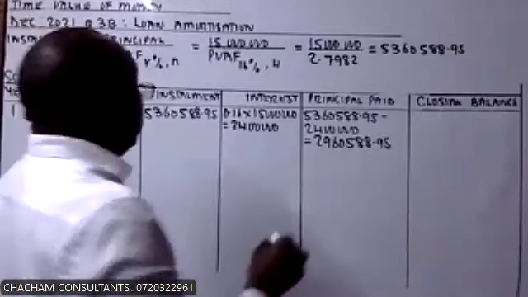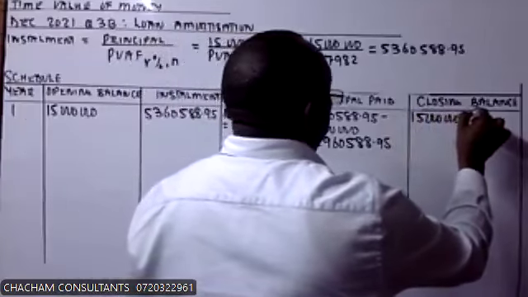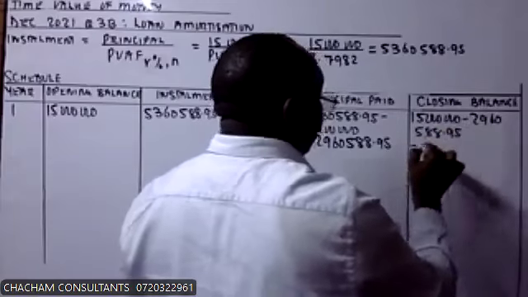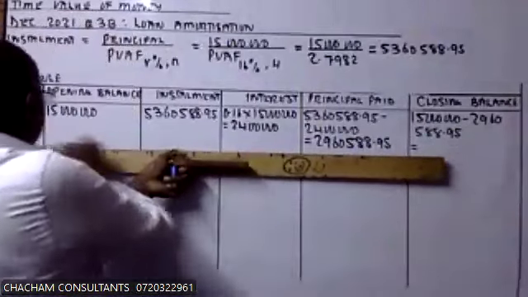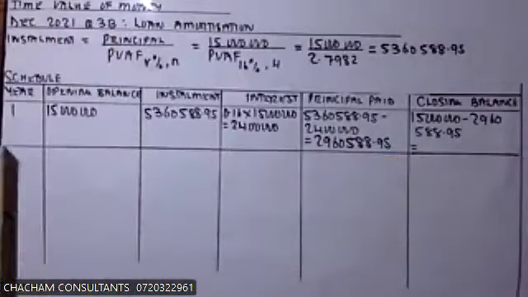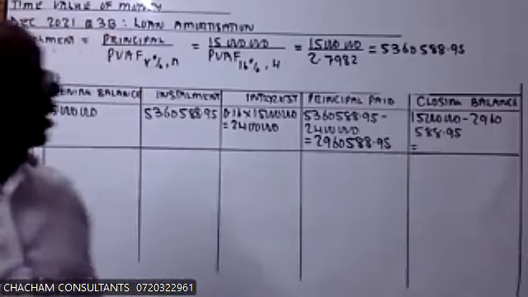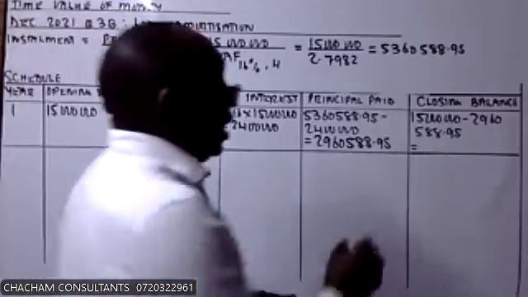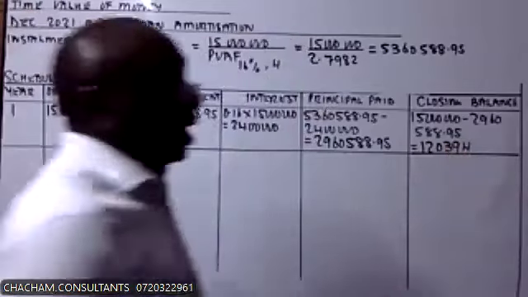Going to the closing balance, you take the opening balance of 15 million and minus the principal paid, which gives 12,039,411.05.